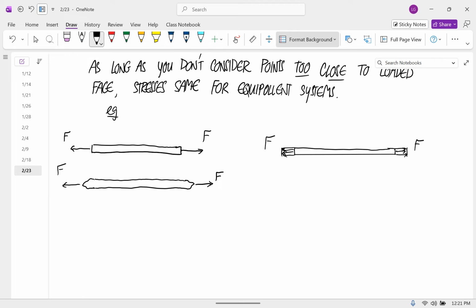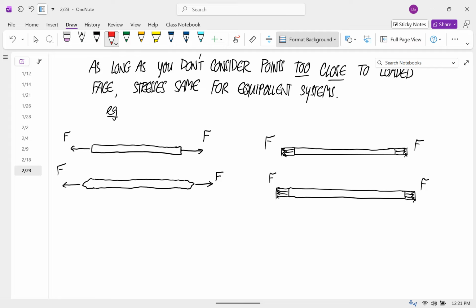Whereas this one, since that's a uniform distributed load, would just stretch uniformly along the whole face. And it's clearly obvious from these drawings that those deformations and those stresses are not the same.